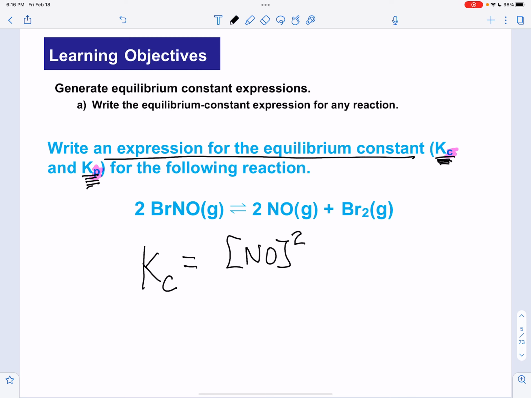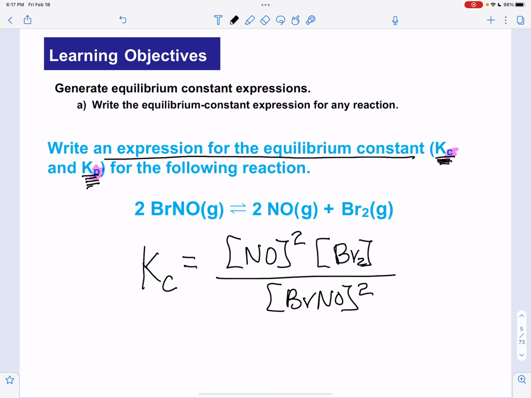Do not confuse one with the other. So the multiplication of the products, each one elevated to its coefficient, divided by the reactants. That would be the Kc, or the equilibrium expression for the concentration for this reaction.